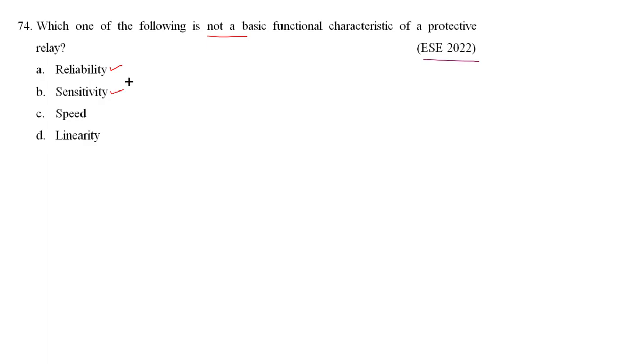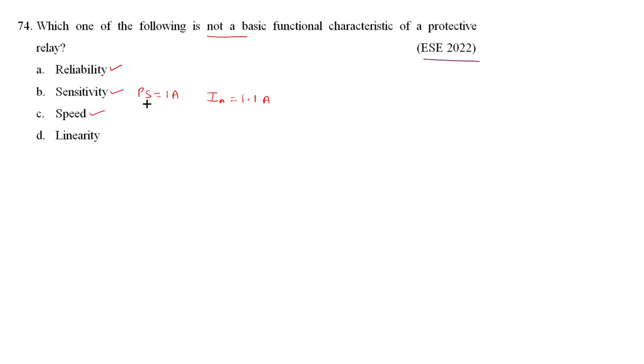Next, sensitivity. The relay should be sensitive. For example, if you keep the plug setting of the relay at 1 ampere, and the actual current becomes 1.1 ampere, then the relay should immediately start operating, because the actual current is more than the plug setting. Even though the current is only slightly more than the set value, the relay should operate. That is also a desired characteristic. Next, speed.